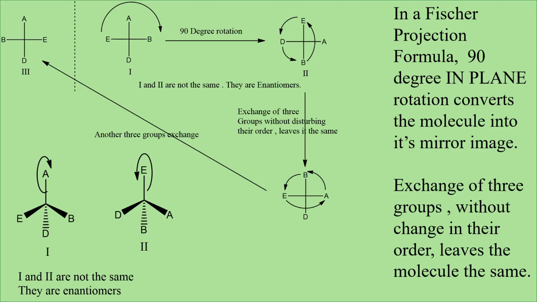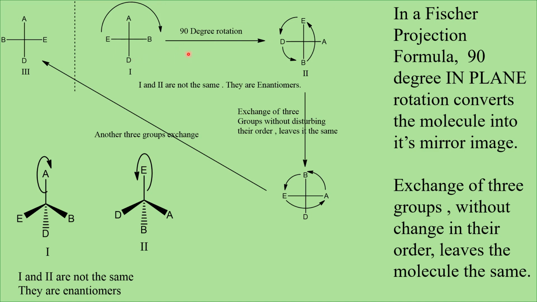In a Fischer projection formula, when we do a 90-degree in-plane rotation, we are not taking the molecule away from the plane. In the plane itself, we are doing a rotation. So when we do a 90-degree in-plane rotation, this A is shifted to the place of B, and B moves down and D moves here. So we get this structure.